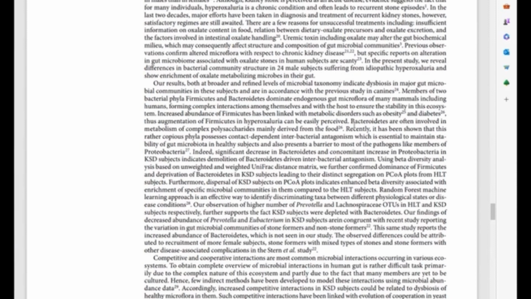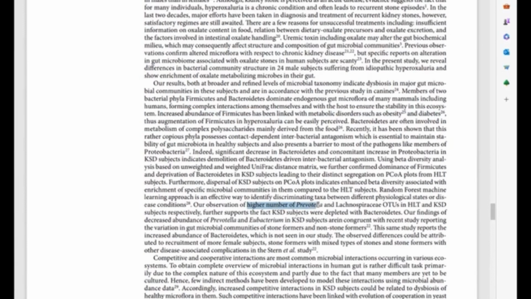So basically, Bacteroides acts as a natural antibiotic and keeps the levels of Proteobacteria, which are more pathogenic, down. Decreases in Bacteroides are often seen with increases in Proteobacteria in these particular types of subjects that they were studying.